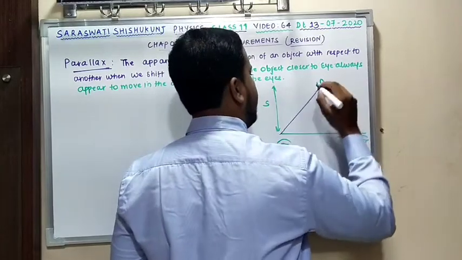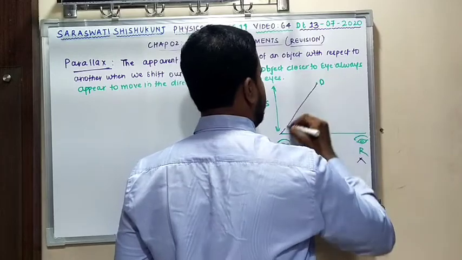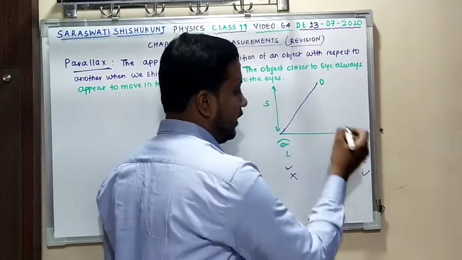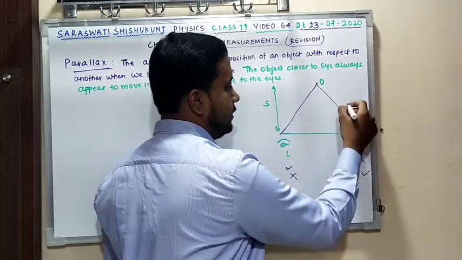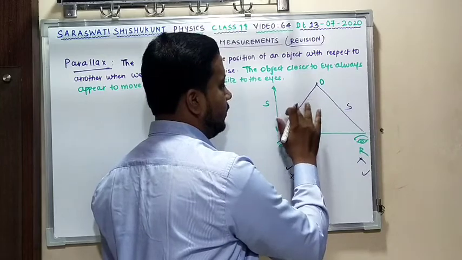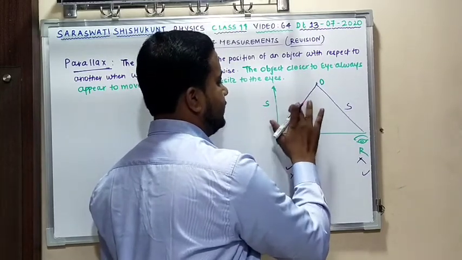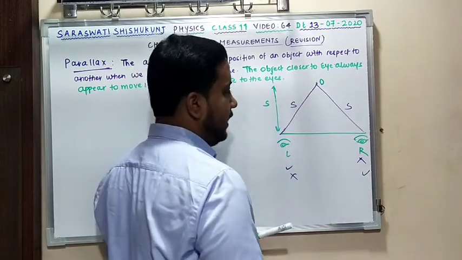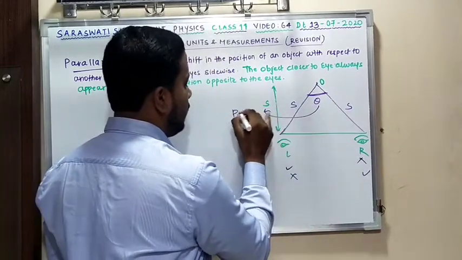Using the left eye you see the object O. Now keeping your left eye closed, with your right eye you try to see the object O again, situated at a distance S. You will be able to see that this theta is nothing but what?